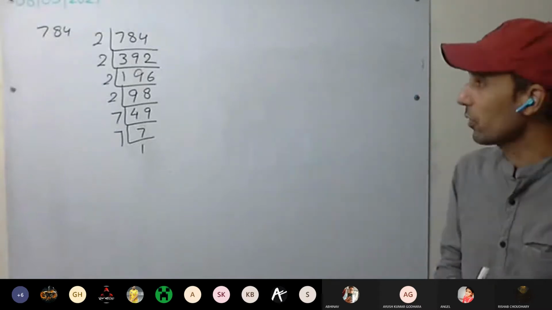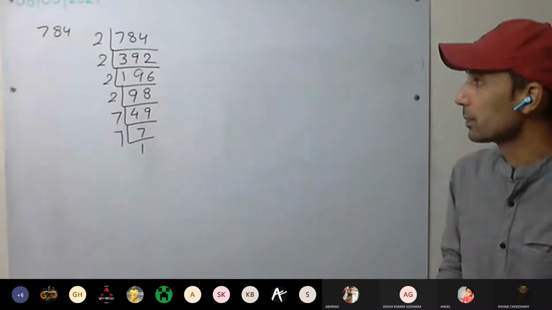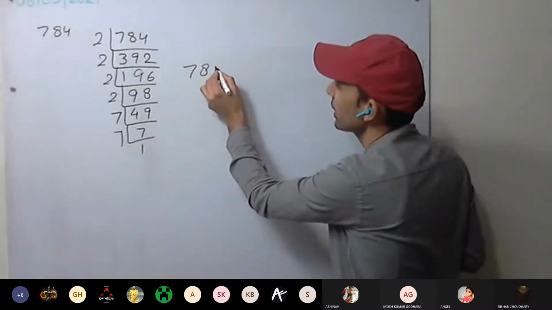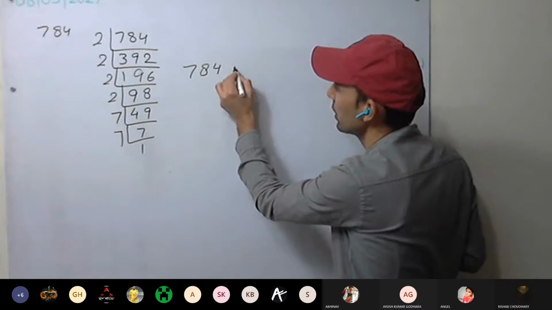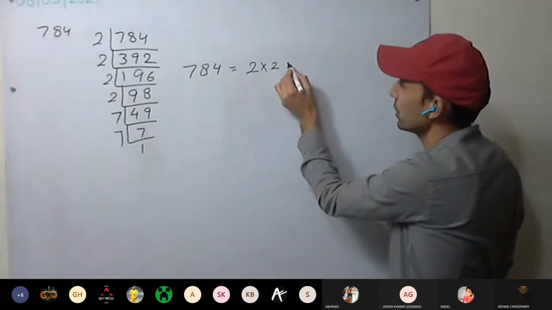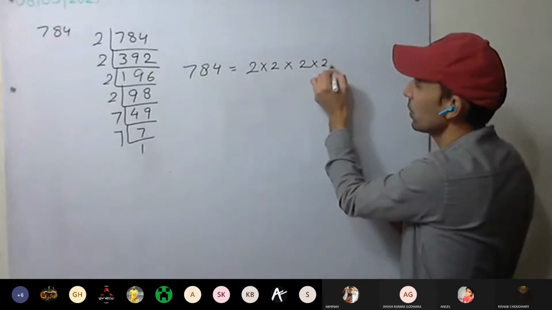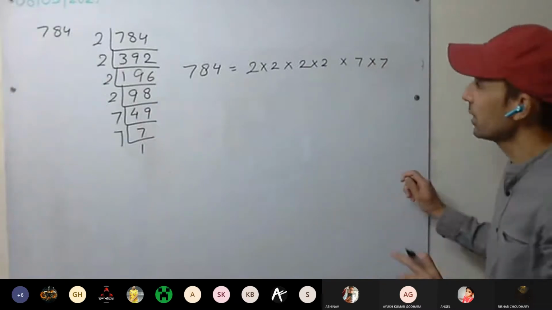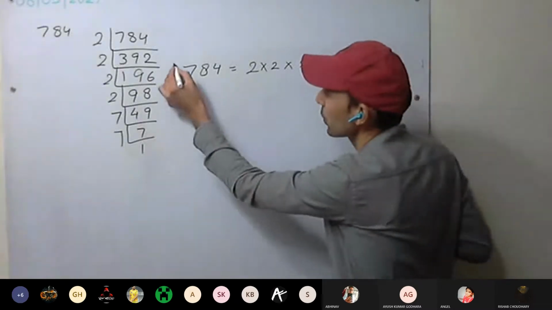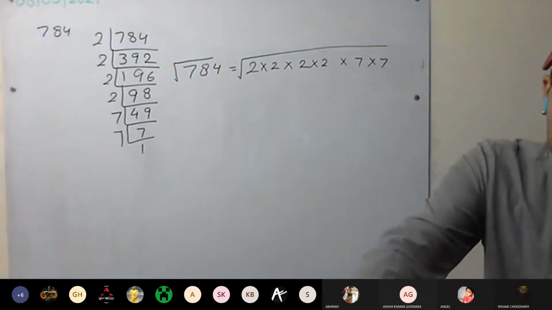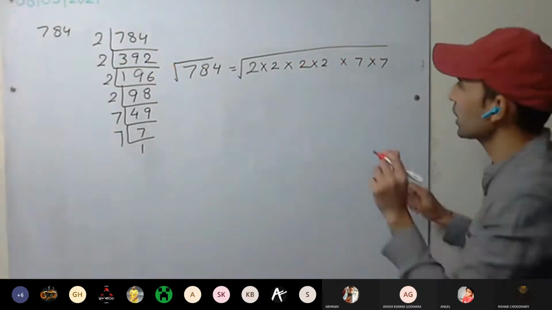Keep doing in your notebook. Everyone have got the same answer? Okay. Stay quiet then. For 784, first we'll be writing this: 2 into 2, 2 into 2, 7 into 7. Okay, this we have written. Now we can put root on both sides and pair them. Very quietly pair them.